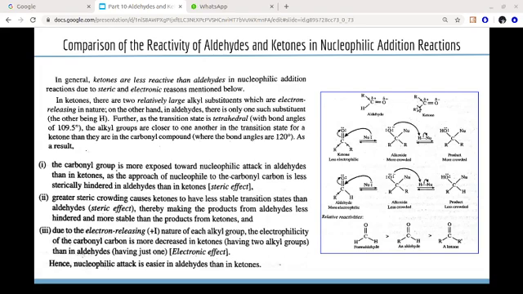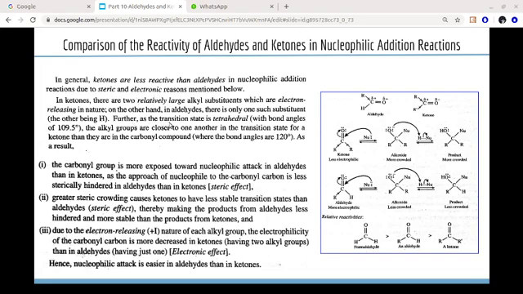These two large alkyl groups cause a steric effect, and being electron releasing they cause an electronic effect. So in ketones, these two effects affect the nucleophilic addition reactions. On the other hand, in aldehydes there is only one such substituent, so there is less steric effect and less electron releasing effect.